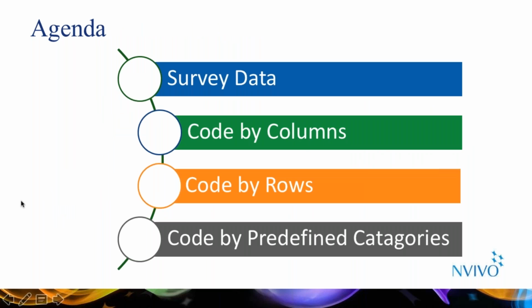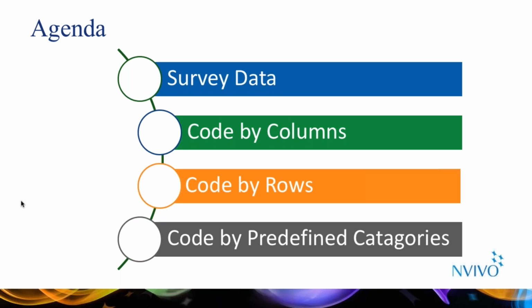Today we're going to focus on the auto coding techniques for the Mac version. Many of them focus on the use of survey data or data sets, data coming in from an Excel spreadsheet. So we'll look at that type of data and coding by columns, coding by rows.